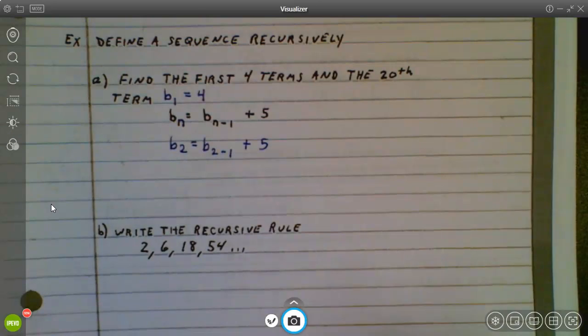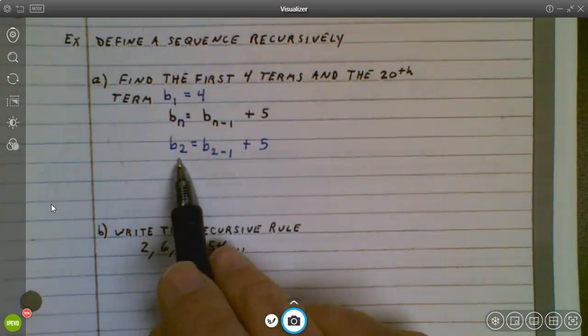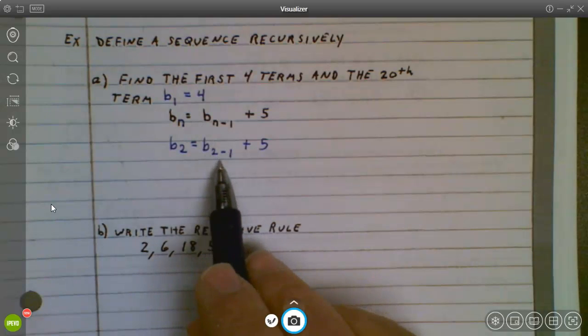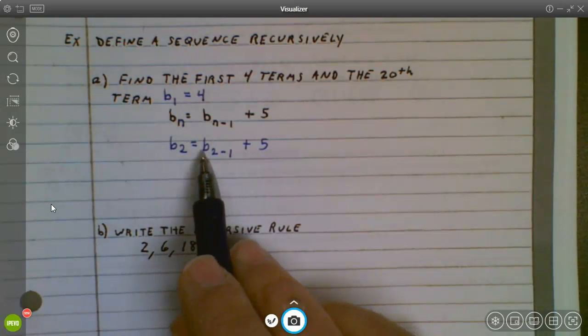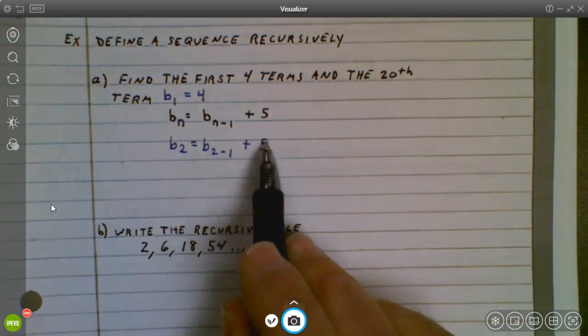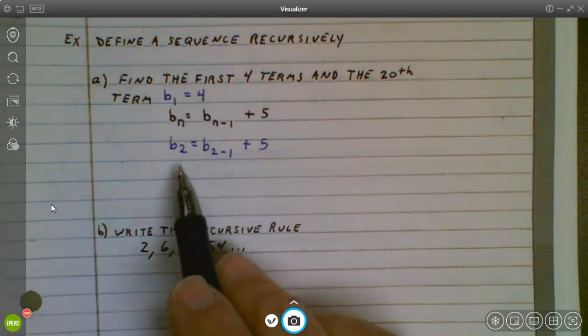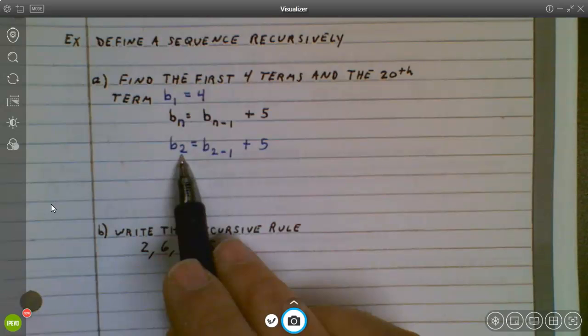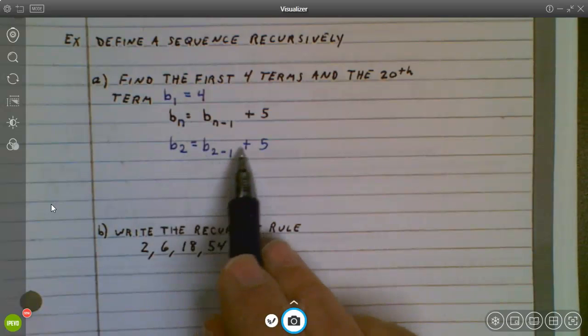right? So if I really plugged in the numbers to see what this would look like, the second term is, and if I simplify this, it becomes b sub 1 plus 5. So in other words, in order to get the second term, I have to do the first term plus 5.